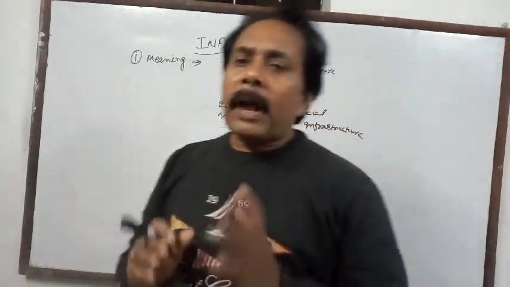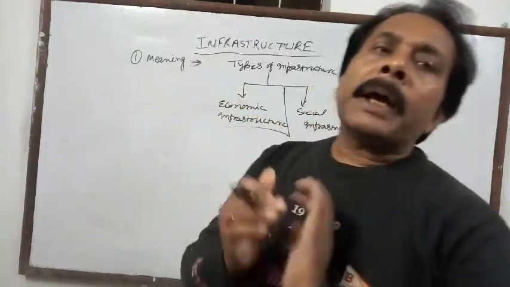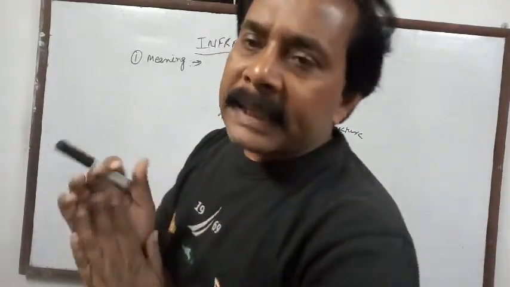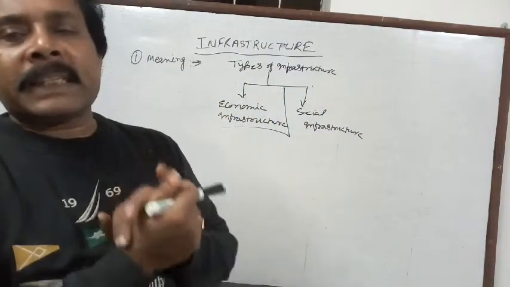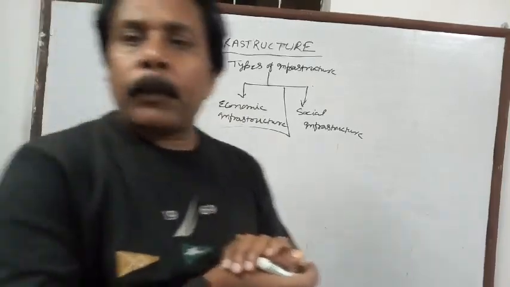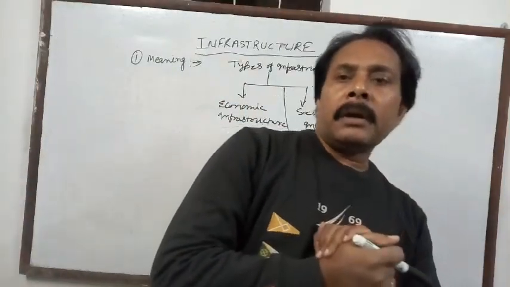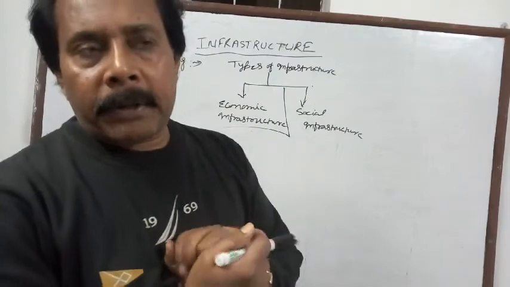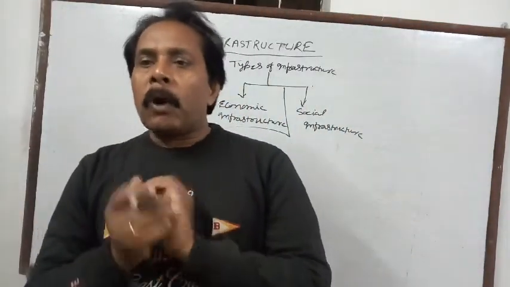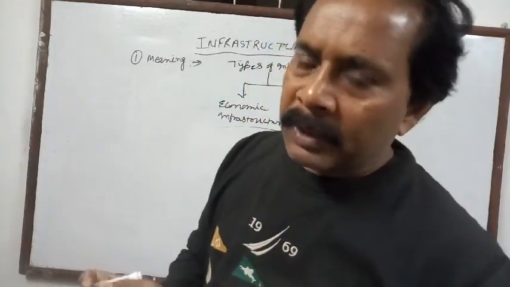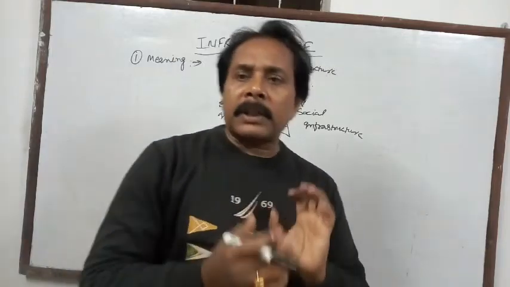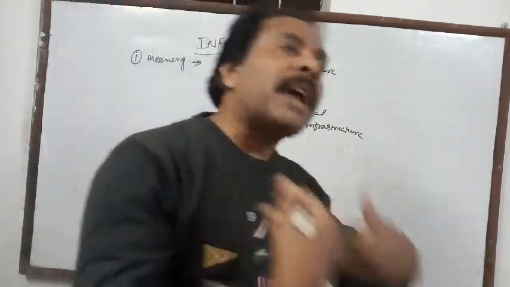So economic infrastructure is related to the economic development of the country. So we can say it includes those basic aspects of the economic system which provide support to the process of economic development. For example, energy, transport, communications, etc. In other words, you can also say that economic infrastructure supports the economic system directly.